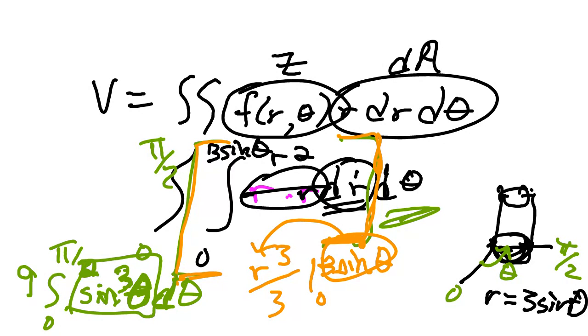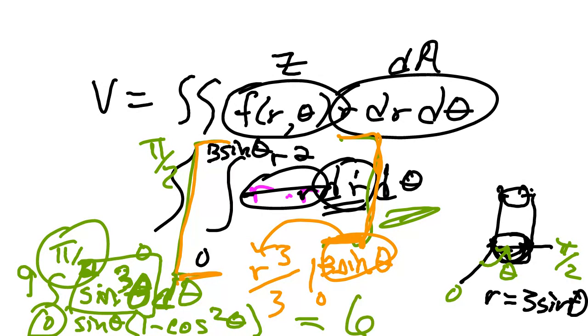The book writes this as sine theta times sine squared theta, which is 1 minus cosine squared theta, and splits it into two integrals. Evaluate from 0 to pi over 2, times 9, and you get 6. So 6 cubic units would be that volume. I'll skip to the chase, but you can finish this out or verify the book is right.